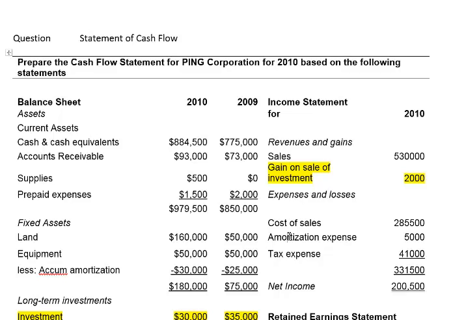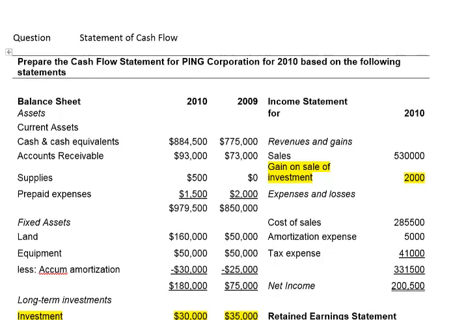The other thing we're going to do is look at any of the balance sheet accounts that are non-cash, current assets and current liabilities, and also make adjustments to net income to convert it to the cash basis. So let's go have a look now at the way we would set this up.